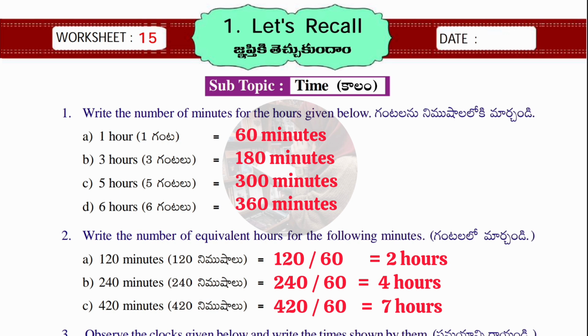Then only you will get the answer in hours. So 120 minutes divided by 60 is equal to 2 hours. Next 240 minutes. So 240 divided by 60 is equal to 4 hours. Then 420 minutes. 420 divided by 60 is equal to 7 hours. I hope you understood, guys.